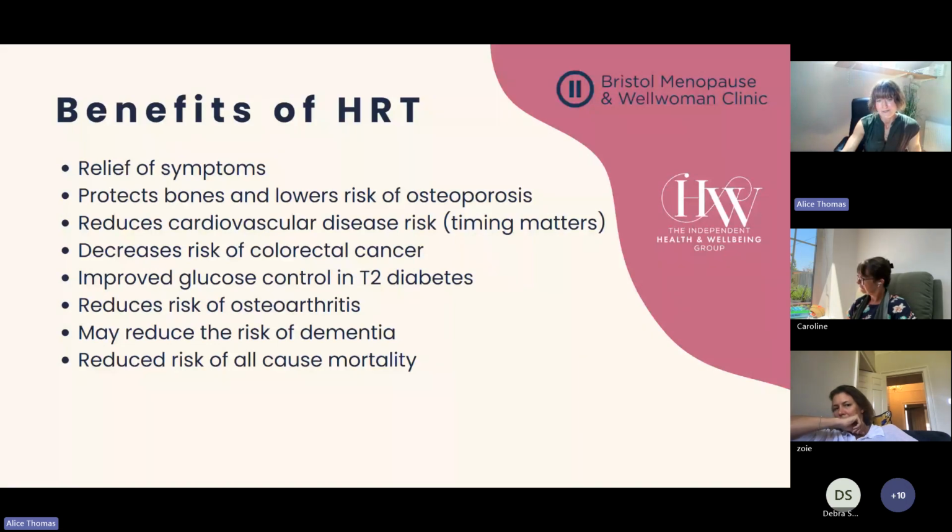It may reduce the risk of dementia. The information around that at the moment is a little unclear, but we do know that HRT started within a 10-year window of the menopause reduces risk of all-cause mortality.